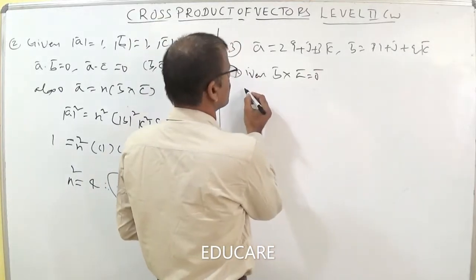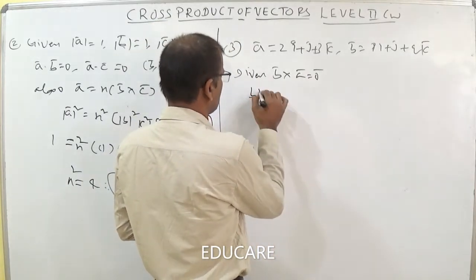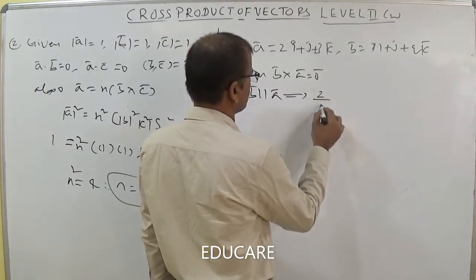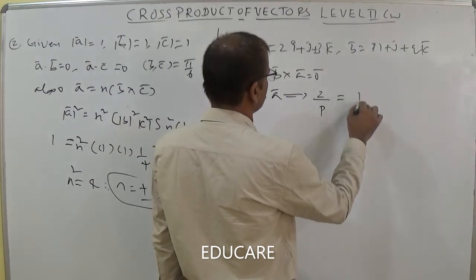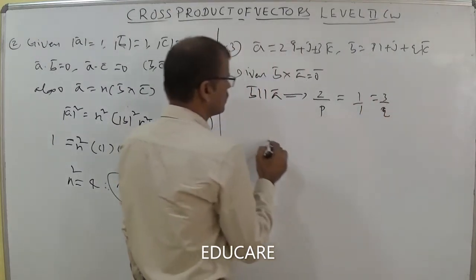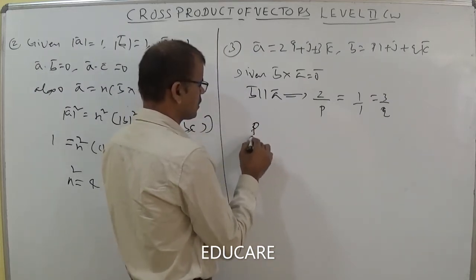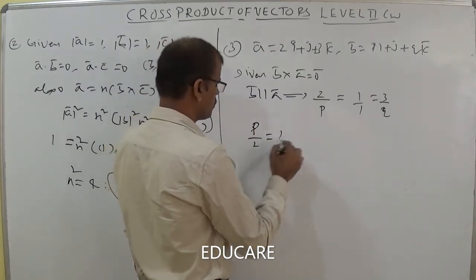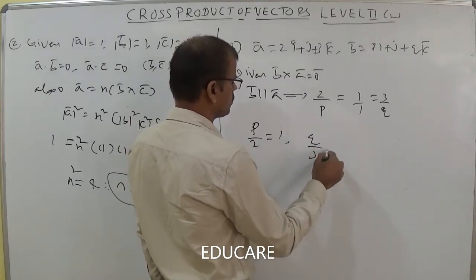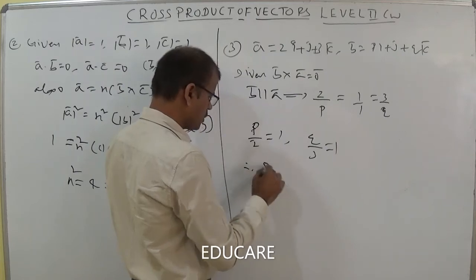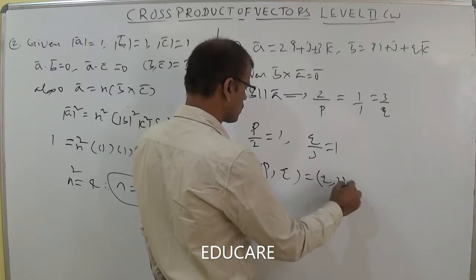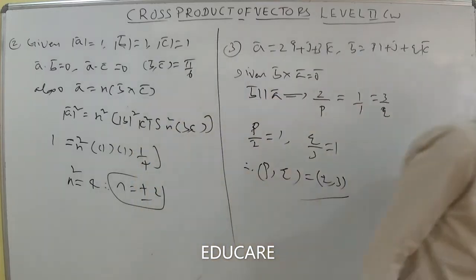So, writing b bar parallel to a bar, that implies compare the values: 2 by p is equal to 1 by 1 equal to 3 by q, simple sum. By cross multiplication you can get p by 2 equal to 1, q by 3 equal to 1. Therefore p comma q is equal to 2 comma 3, that's all.